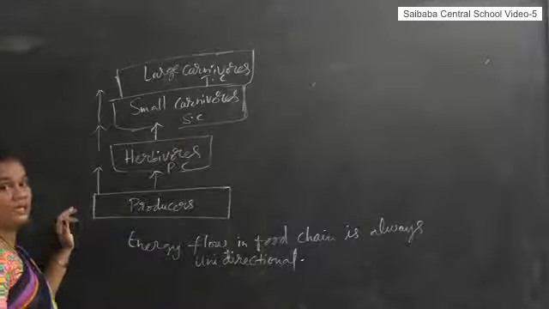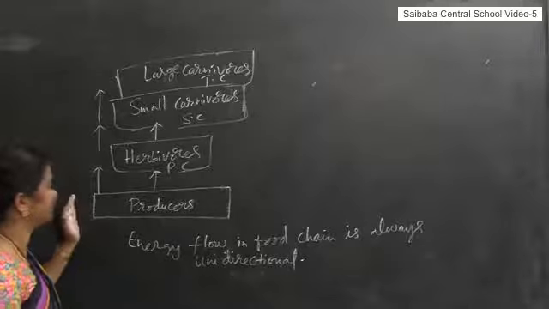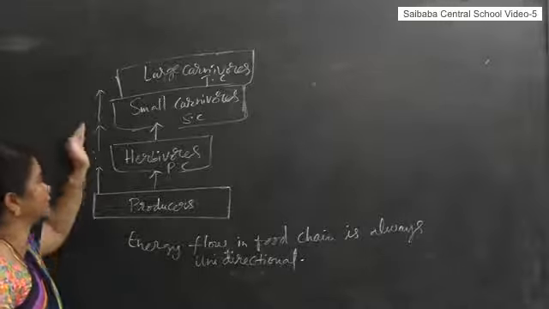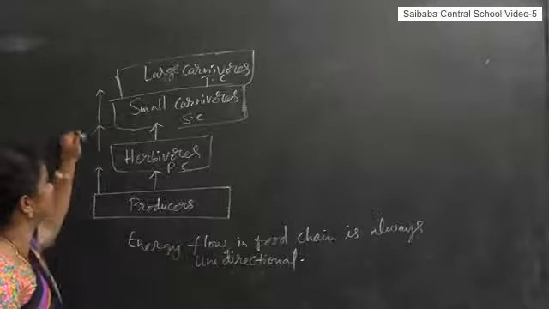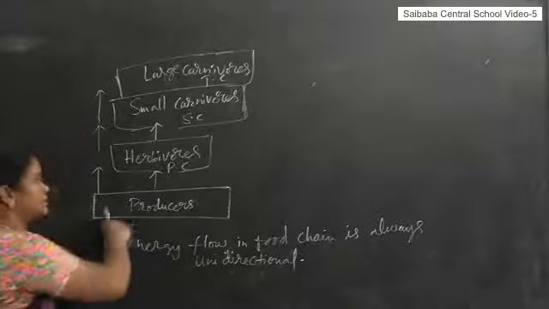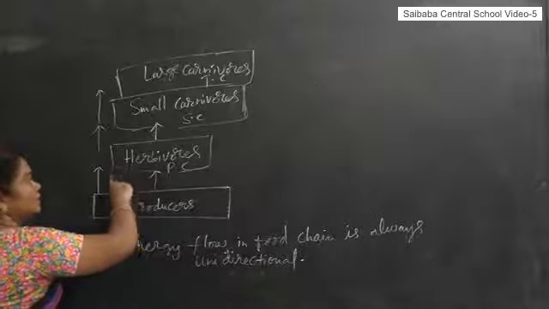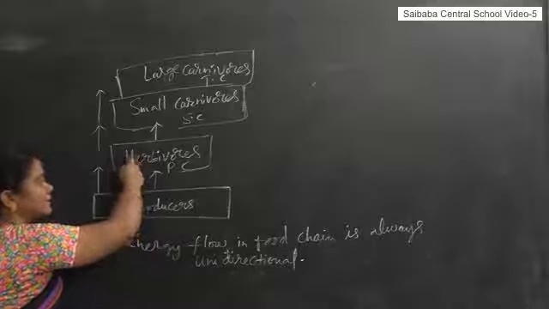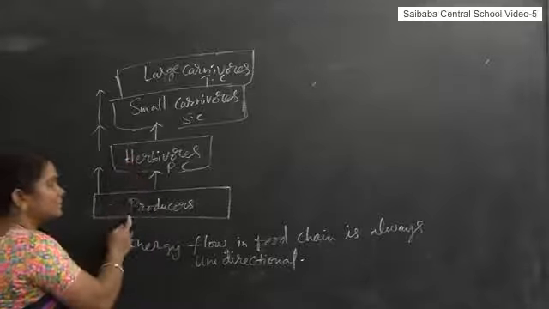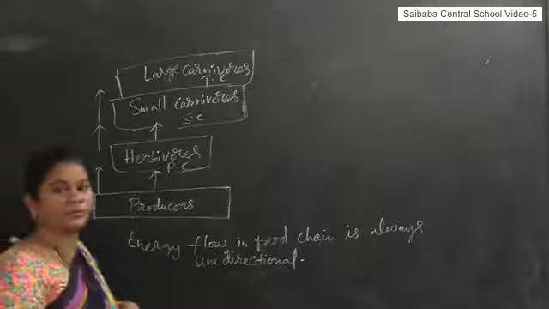The answer would be, when energy is flowing from one level to another, the energy which has already flowed to the next level is no more available to the previous level. Are you getting my point?